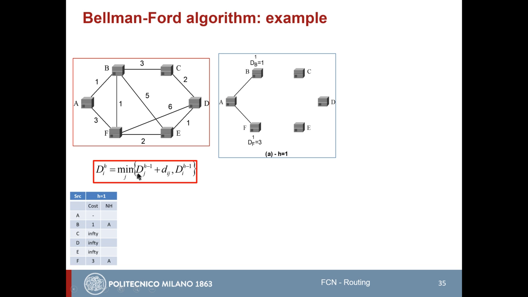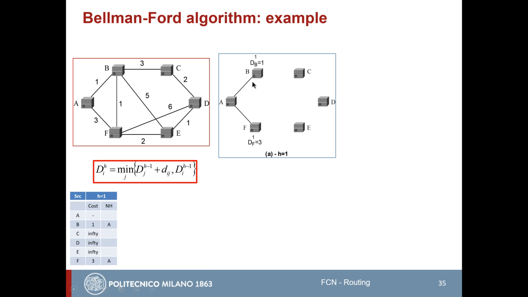At step h equal to 0, node A has distance set to 0 and all the other nodes have distances set to infinite. In the first step we have finite distance for node B and node F. You can notice that they are the two nodes which are directly connected with A. So basically they are one hop away from A.